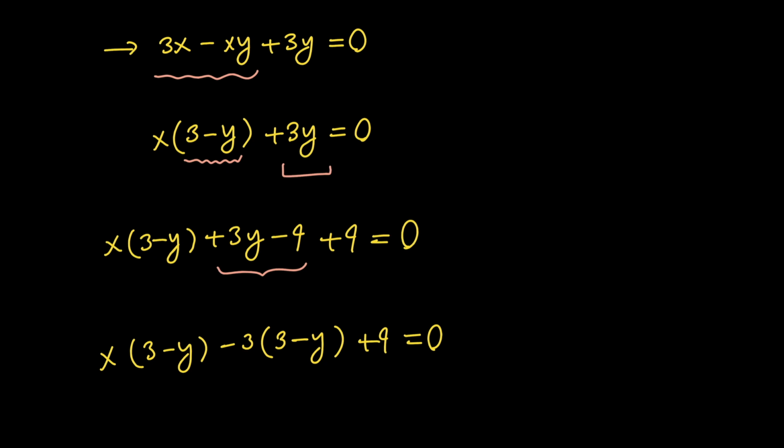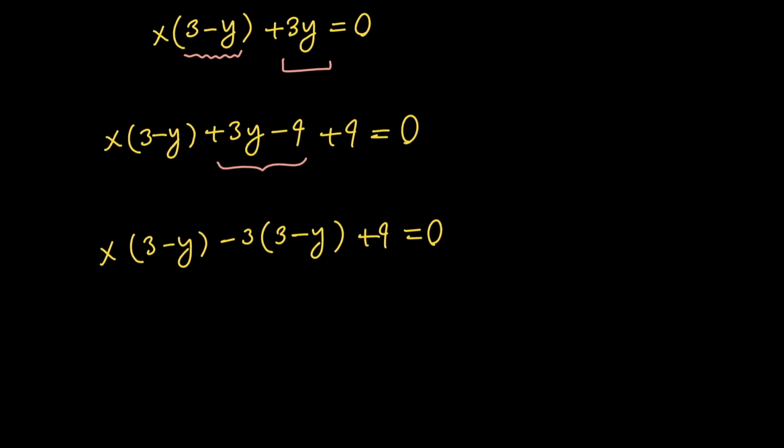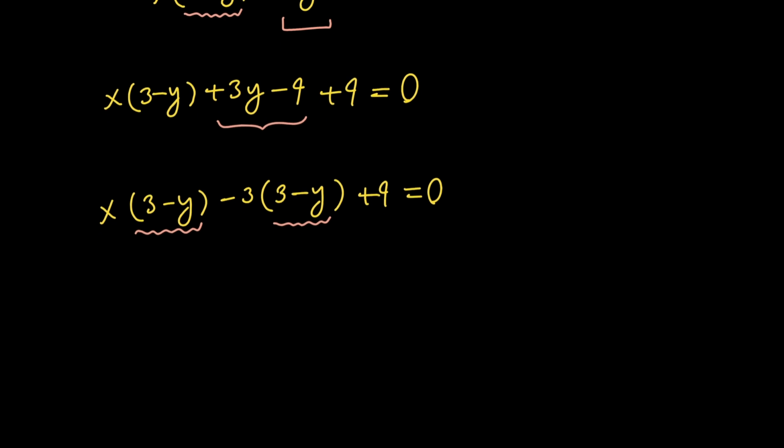And now, if you look at this, it is obvious that we have 3 minus y as our common factor, so we can pull it out, and we will have 3 minus y times x minus 3 plus 9 equals 0. Cool. Next, let's go ahead and subtract 9 from both sides.